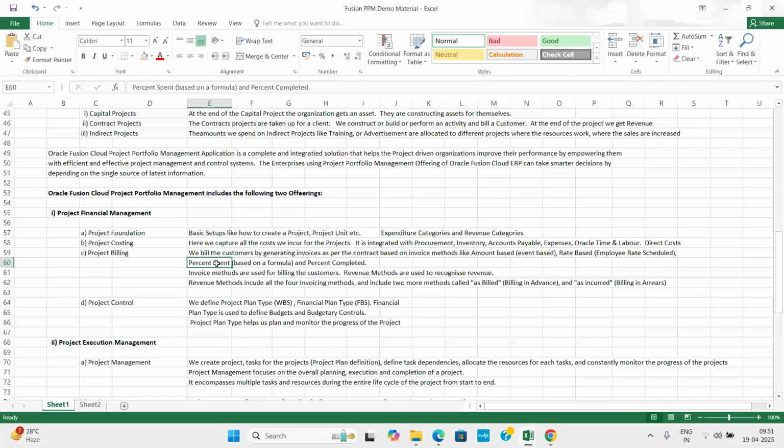Project plan type helps us plan and monitor the progress of the project. When you have got the tasks arranged and you give the time limit for each task, it also helps us monitor whether that particular task has been completed within the time frame or not. So that's what project control helps us with.